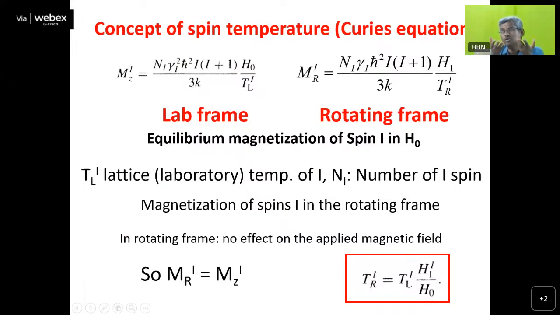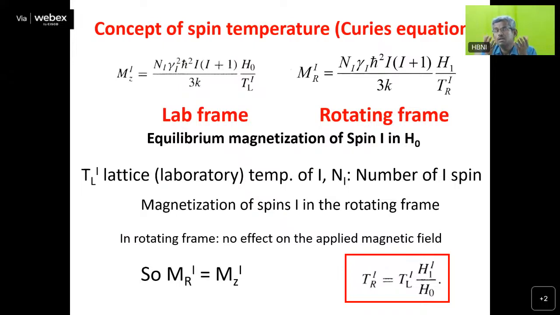The same thing you can convert to the rotating frame. In the rotating frame, we are assuming that the frame is rotating at the carrier frequency, at a frequency corresponding to the H1 frequency for proton, and a frequency corresponding to the carbon-13 frequency for carbon-13. Why? Let us say a 400 megahertz NMR machine. In it, the magnetic field is constant, around 9.7 Tesla.